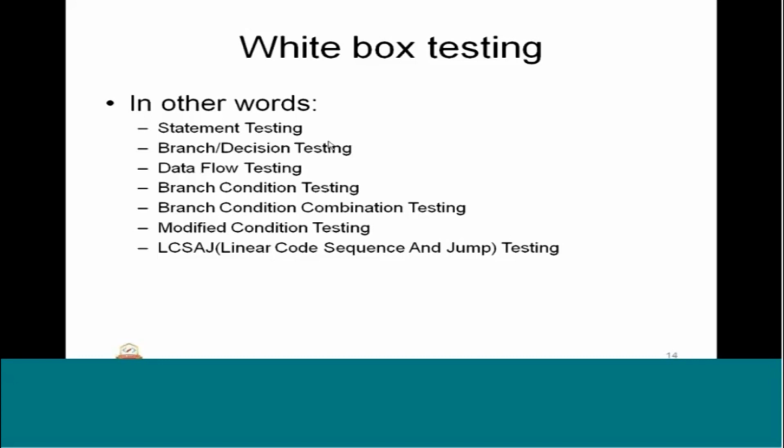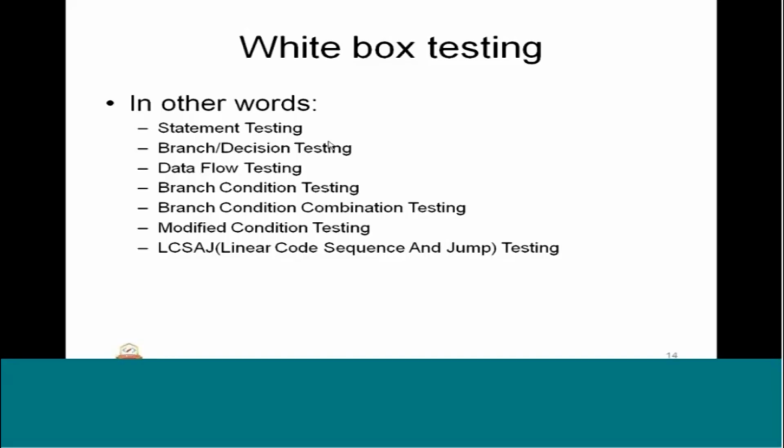We have data flow testing, where the data that flows within the embedded system needs to be tested in terms of all possible values, and branch condition testing, where the branch leading to different conditions needs to be tested. Then we have branch condition combination testing.